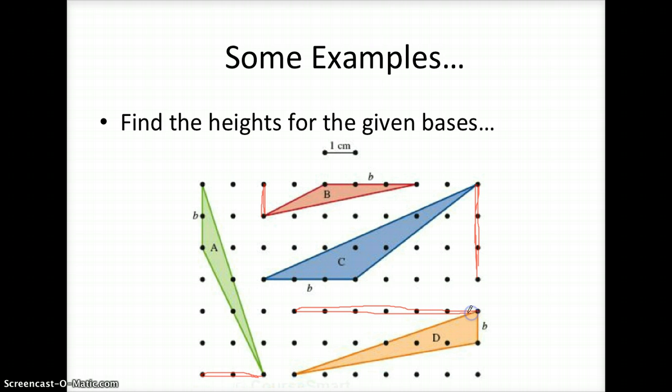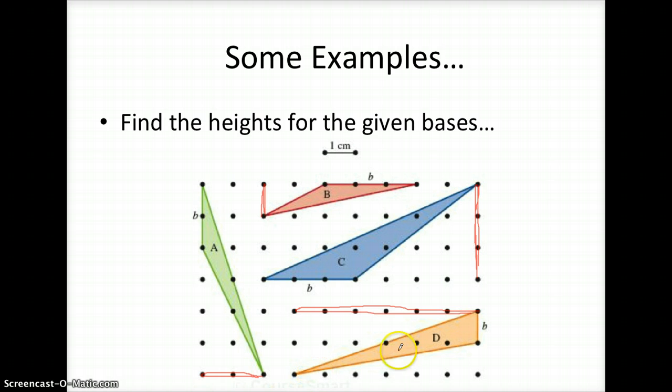And that's useful because that principle of shearing that you read about also says that if I take this figure like D and I take the point, as long as I move the point along a line that is parallel to the base, I'm going to have an area that is equivalent.